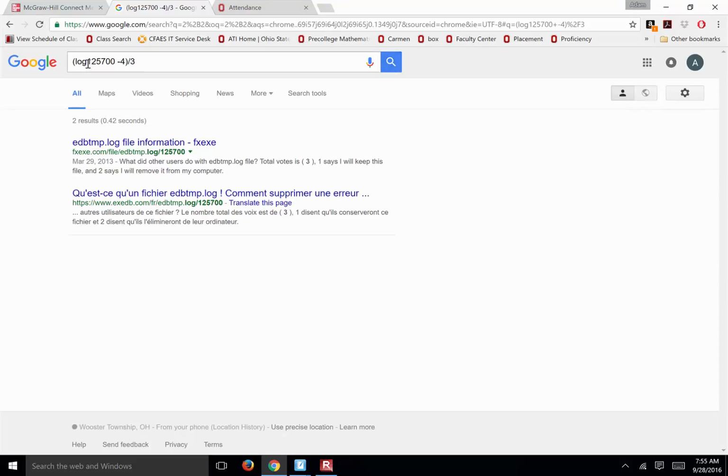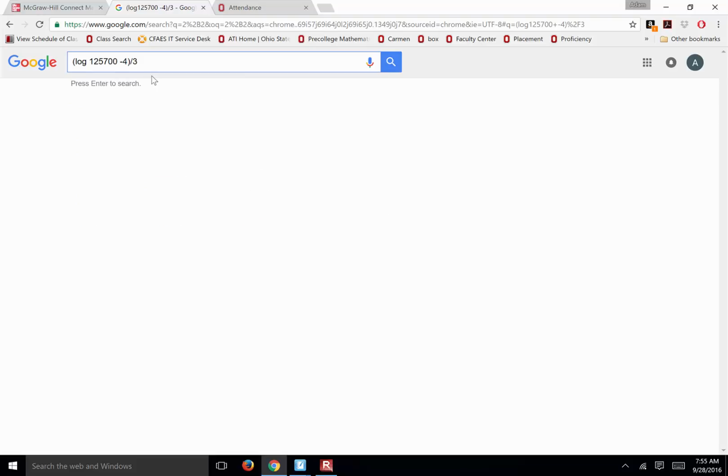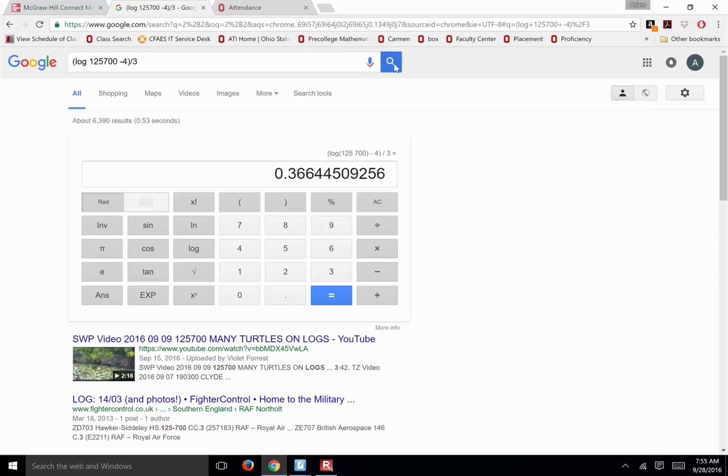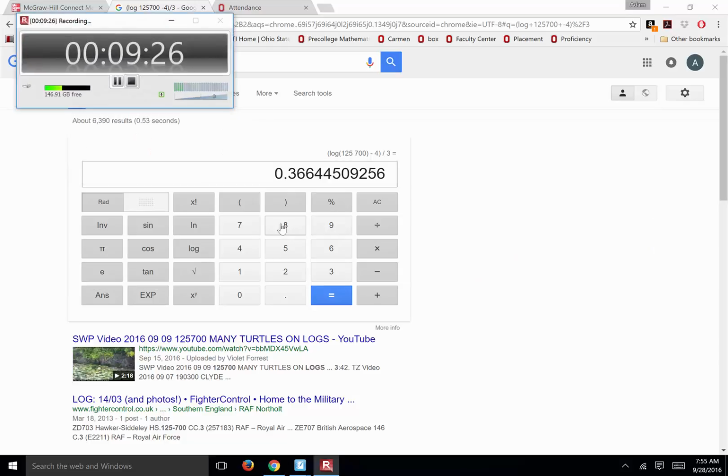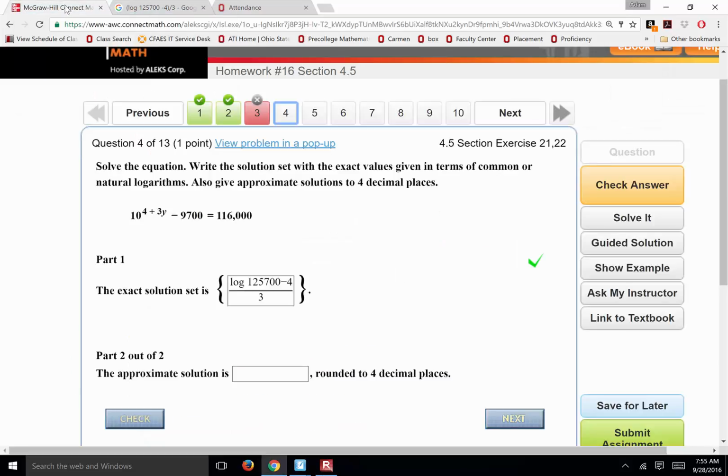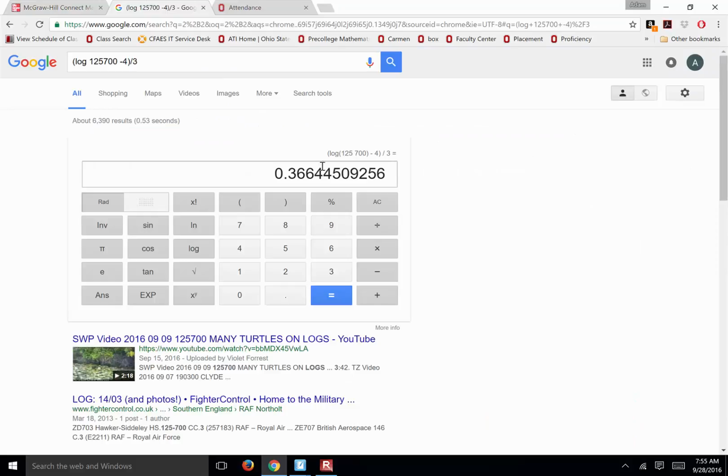Well, you can't do that. There we go. 0.3664. How many digits do they want? Up to 4 decimal values. So take the 5th decimal and round it down or up.